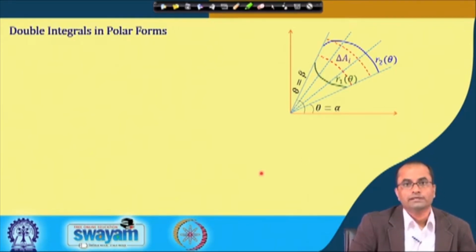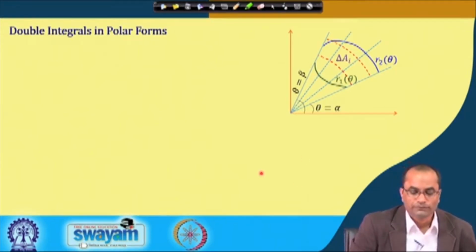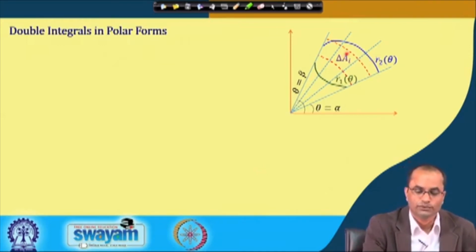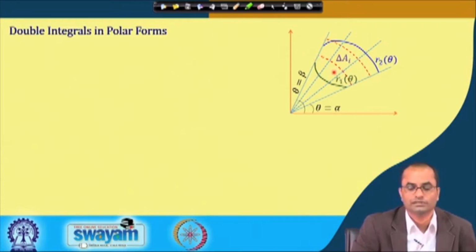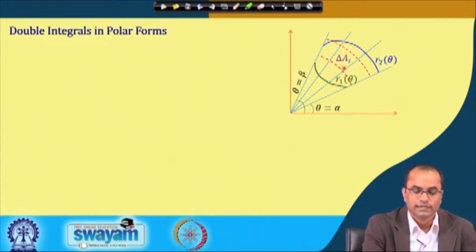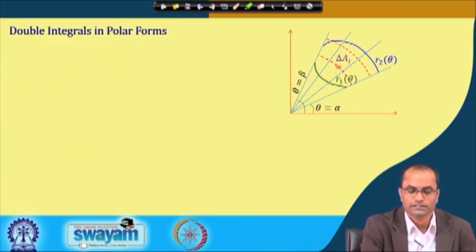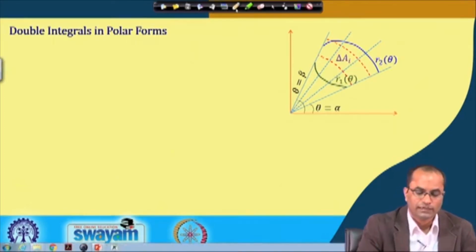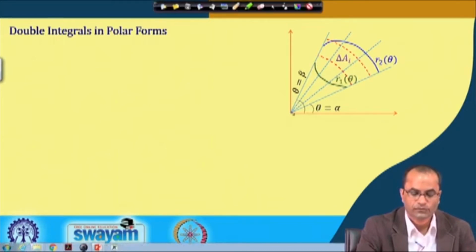Now, how will the integral take form with polar coordinates? Suppose we discretize this domain, similar to the Cartesian one, into smaller cells, and let us consider for instance this cell which we call delta A i. For this cell the radius to any point on this line is r i, the distance from the origin.